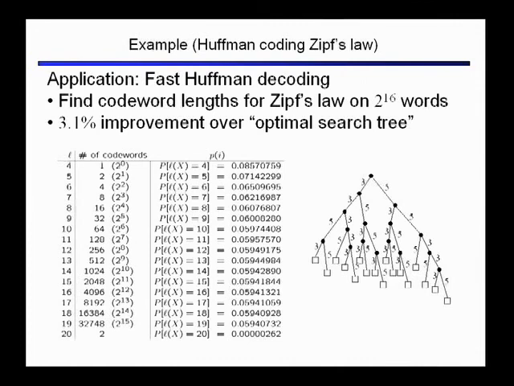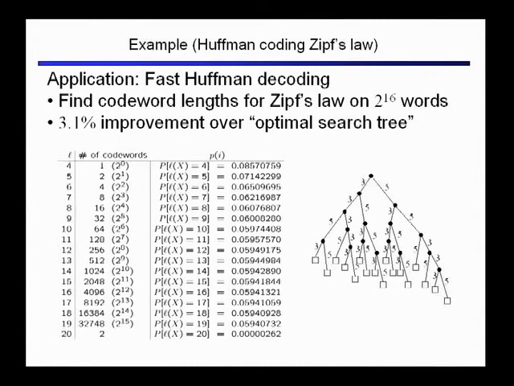A more complex example is in terms of Huffman coding. If you have a bunch of words that are distributed according to Zipf's law, as words often are, and you want to come up with a Huffman table for it, you'll have the following probabilities that the lengths of each of the code words are these particular numbers.